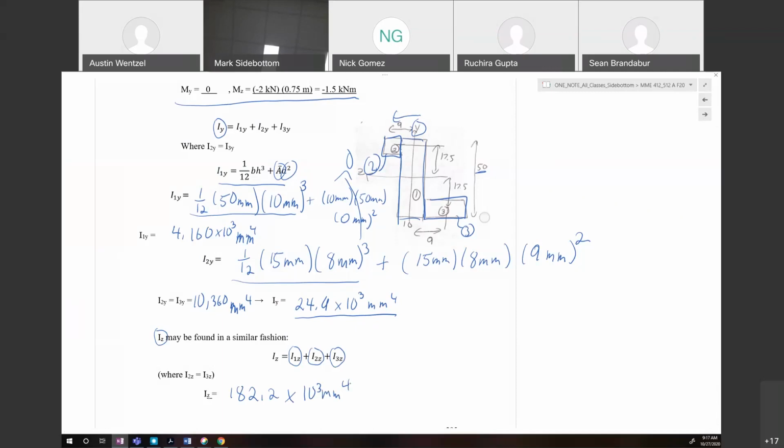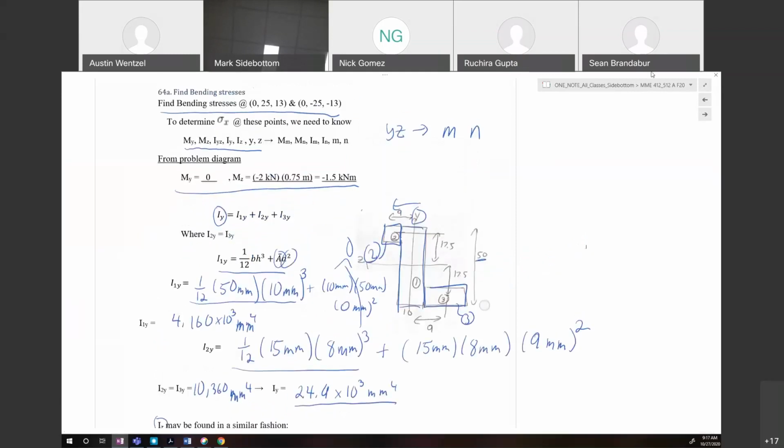All right. So the last thing that we need to solve for in terms of the terms on the top left here is Iz.